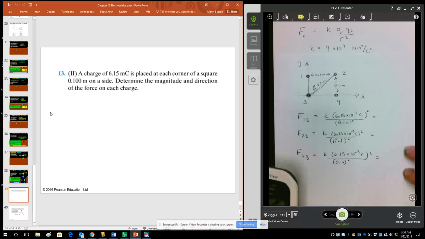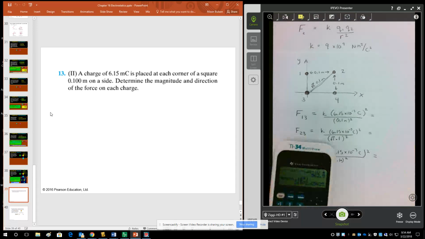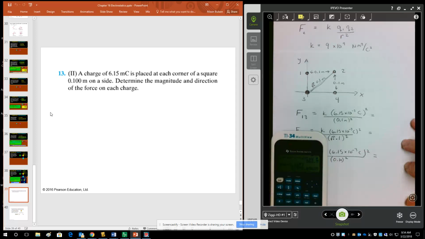Let's rearrange the paper a little bit. I'm hoping to be able to squeeze this all on the same page. So 9 times 10 to the 9th times, shoot, I forgot to put parentheses.